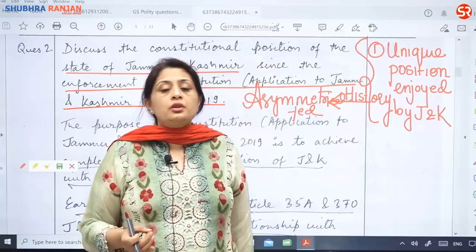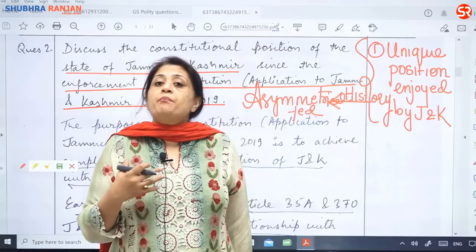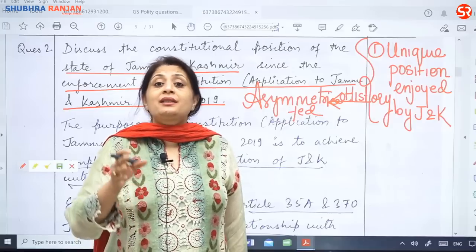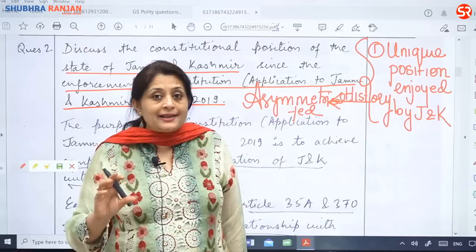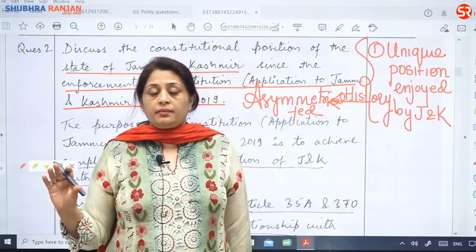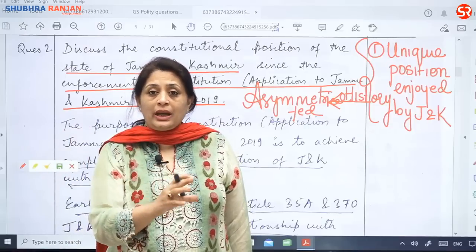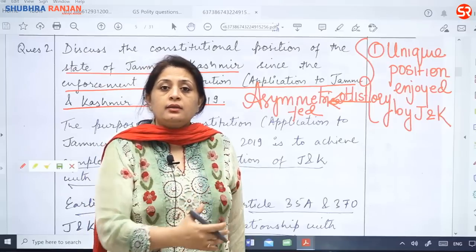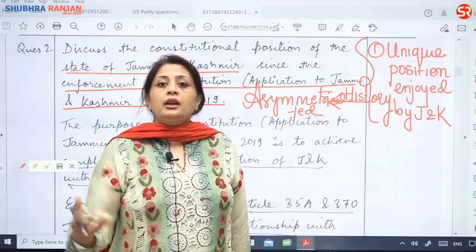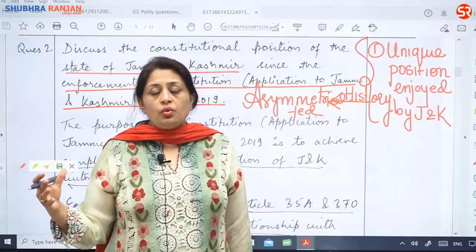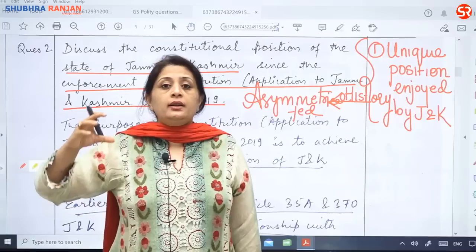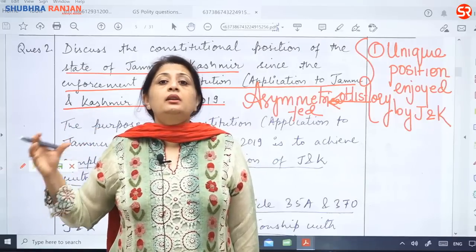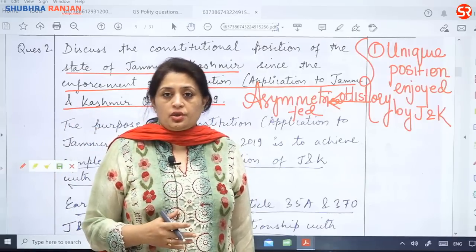Indian constitution is an example of asymmetrical federalism. Now, asymmetrical federalism is the best way to address the diversity in accordance to the norms of democracy and multicultural approach to citizenship.